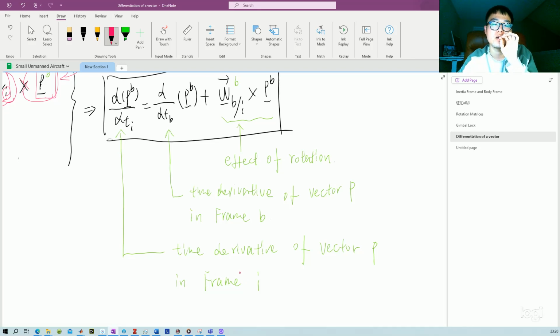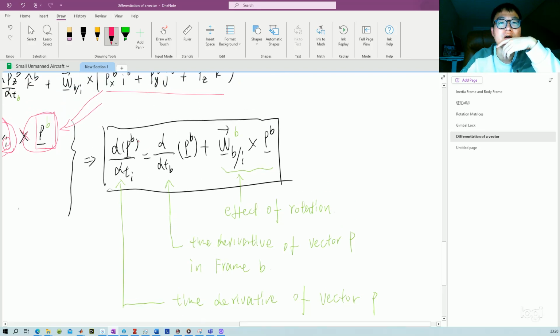You stand in the inertia frame, and you are looking at a vector that might be changing in magnitude, might be changing in direction, whatever. But you project that onto the body frame, and then you take the time derivative inside the inertia frame.